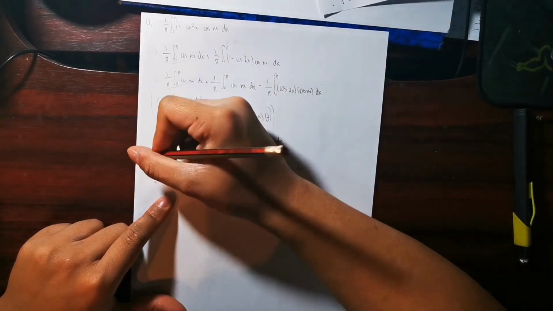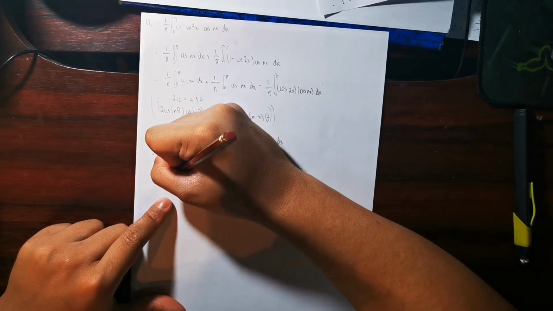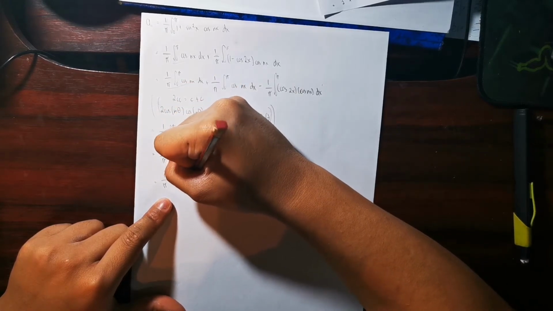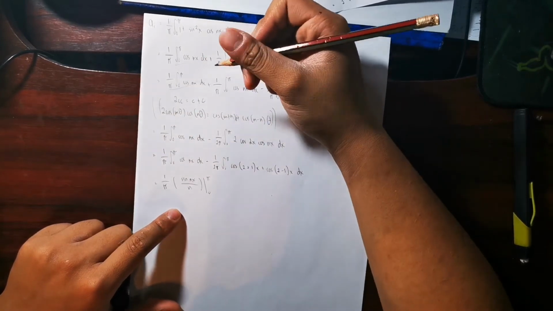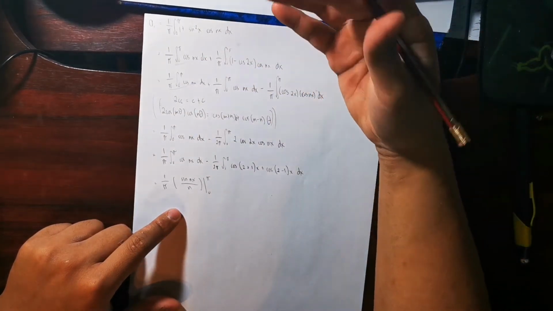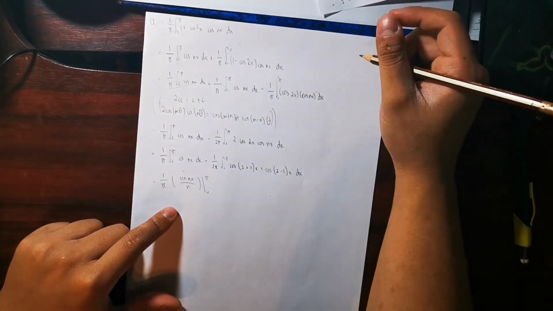And we can just look at the integral of this one. It will be just 1 over pi sine nx over n from pi to 0. This will just equate to 0 as usual. So this will just be 0.